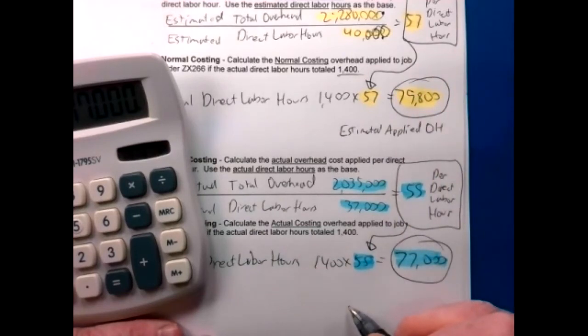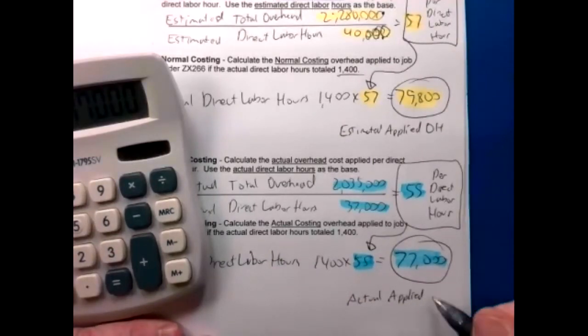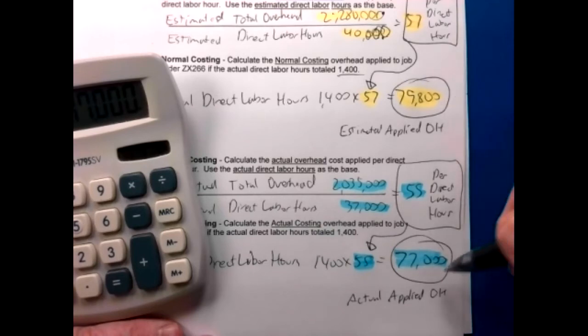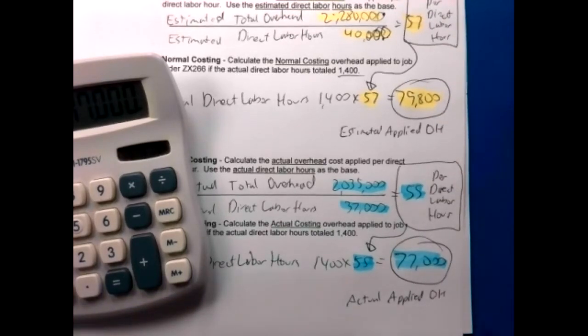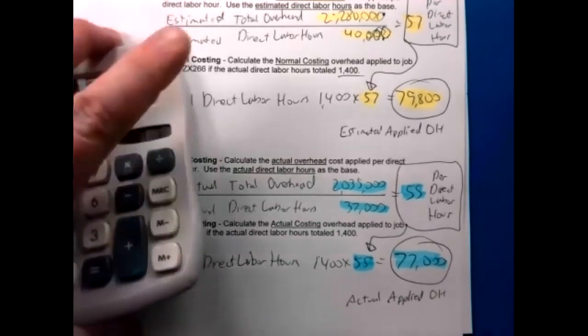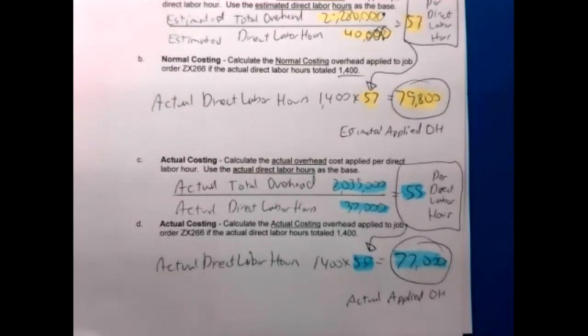And this would be the actual applied overhead. So they over applied it. Again, they didn't know they were over applying it, but they couldn't wait months to get the amount.